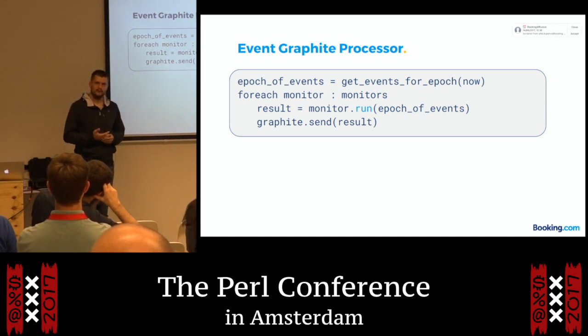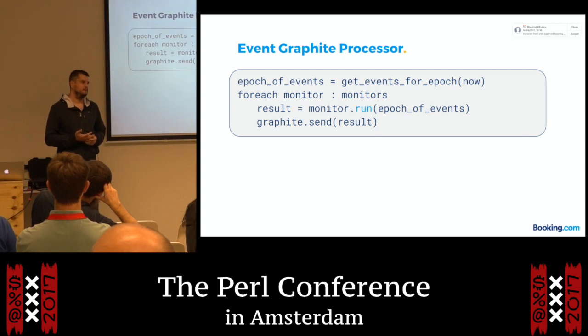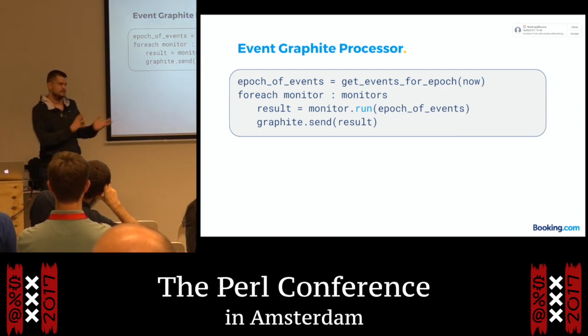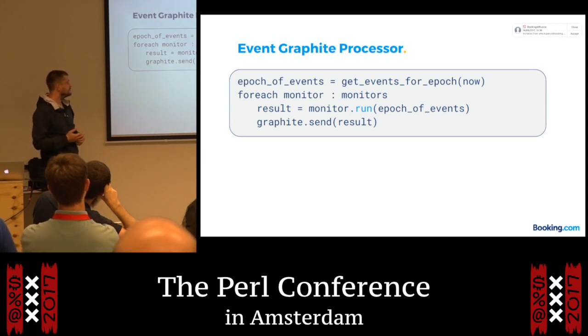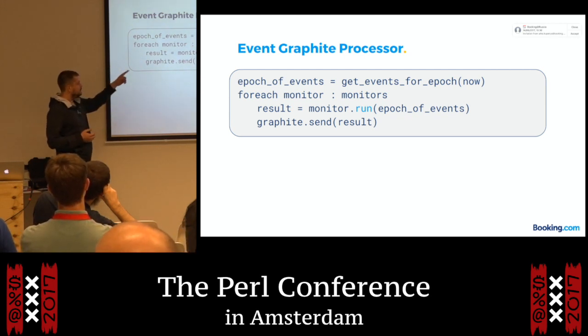The classical way since the very early stages, since the Graphite processor system has existed, is basically here on the slide in these 4 lines of code. This is pseudocode. By the way, epoch is basically a second, right? So whenever you see epoch, I mean second. We get a second of events, then we go through all the monitors.